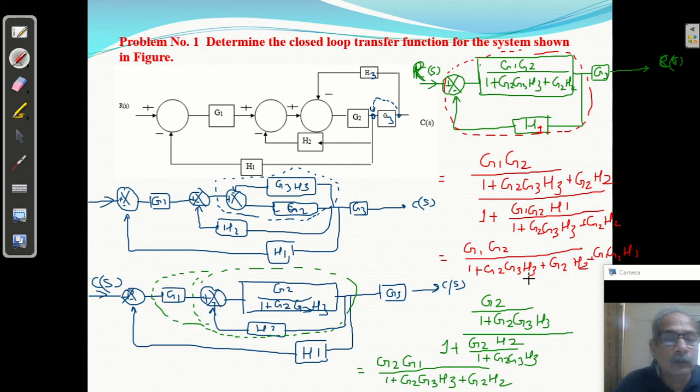So this is the transfer function of this system, and it is cascaded with G3, so multiply by G3 also. That is the total answer.